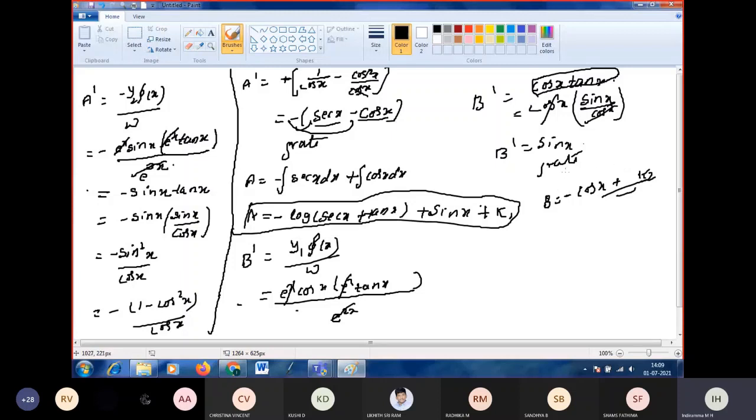So after finding a and b, where do we have to substitute? In equation 1. Equation 1 will give us the general solution: y is equal to a into e power x cos x. What is a?